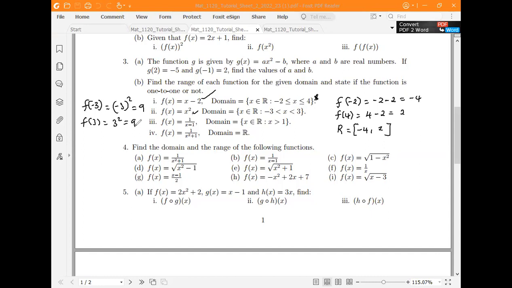So meaning we must also substitute the 0 if it is there. Now 0 is in this interval, so we'll substitute 0 as well. So we'll get 0. That means that the range is from 0 to 9. So 0 will be included, but 9 won't be included because negative 3 and 3 that gave us 9 are not in this set.